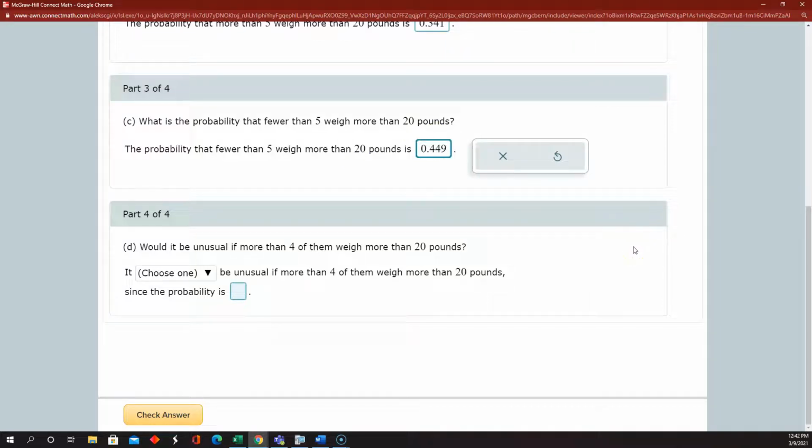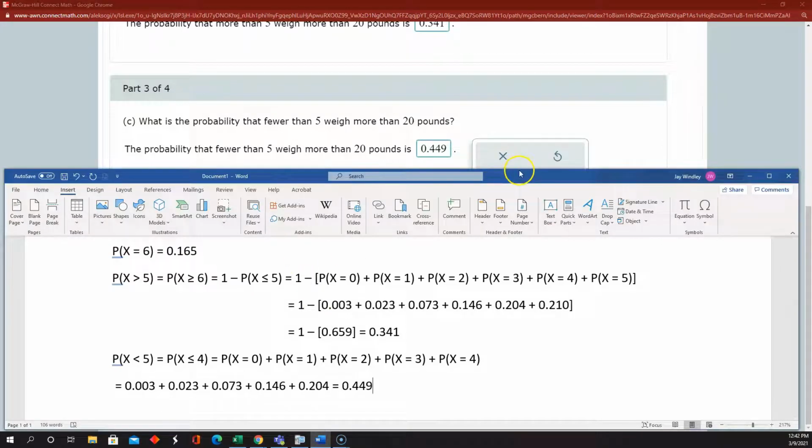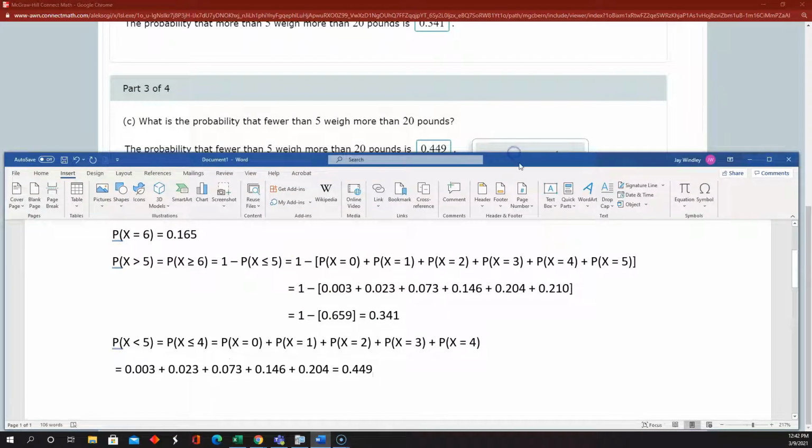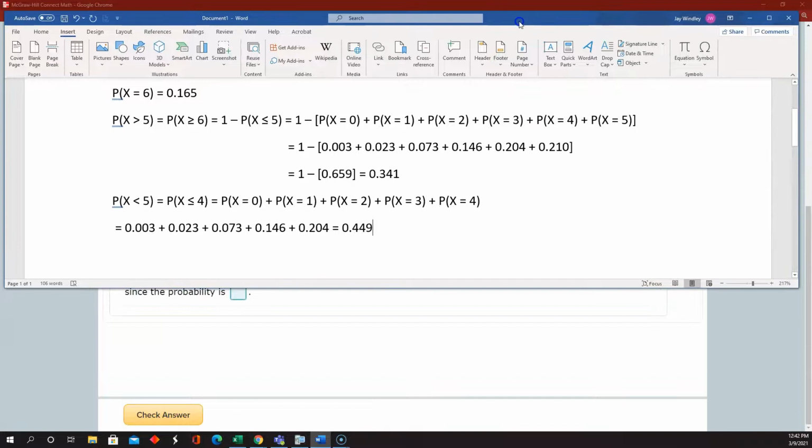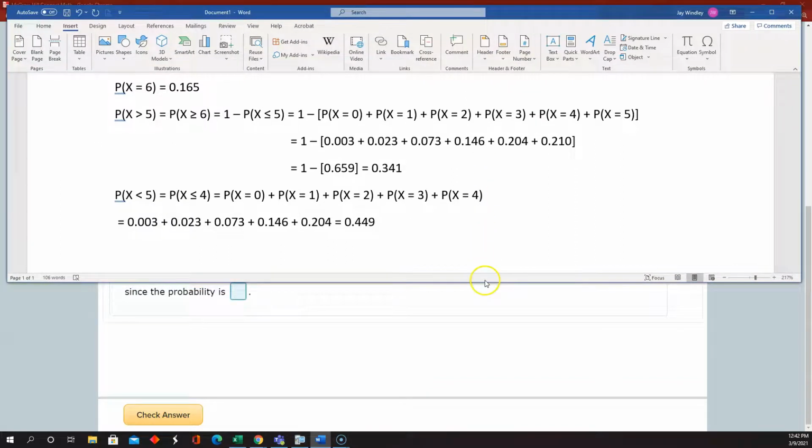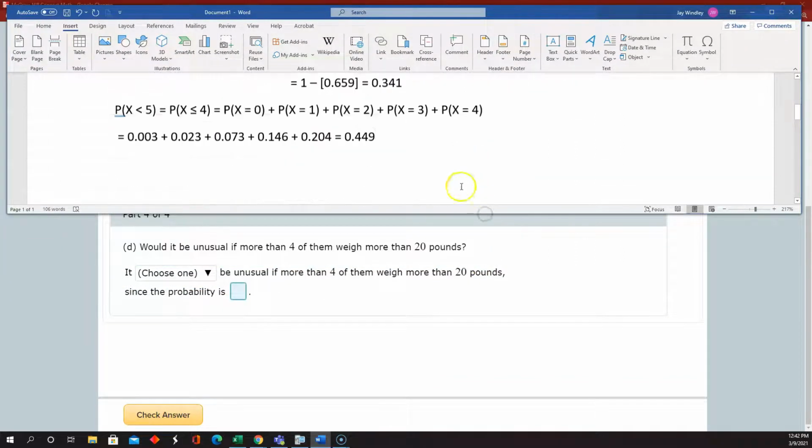And then they ask this question: would it be unusual if more than 4 of the babies weighed over 20 pounds?